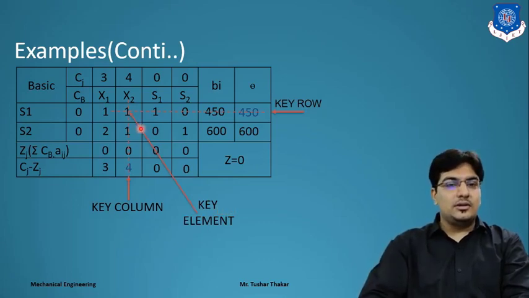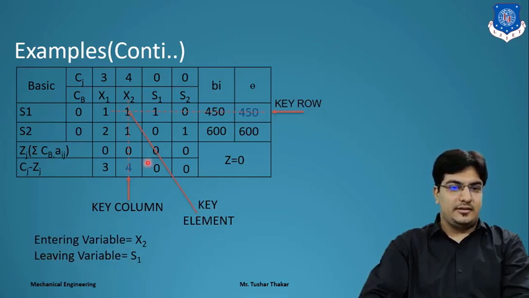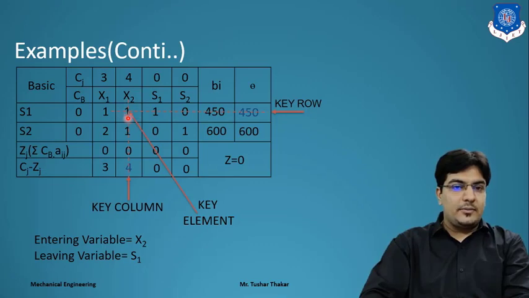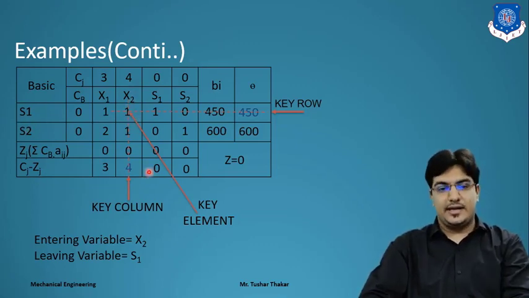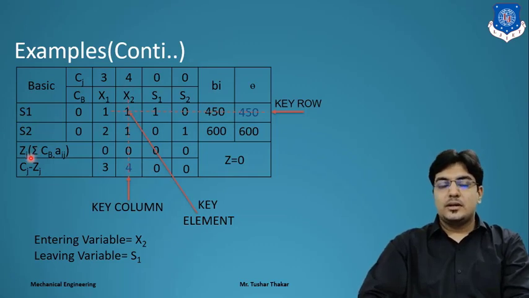We take the entering variable and the leaving variable. At the intersection of the key column and key row, we change our variable: here s1 and here x2. We bring in x2, and s1 is eliminated from that column.